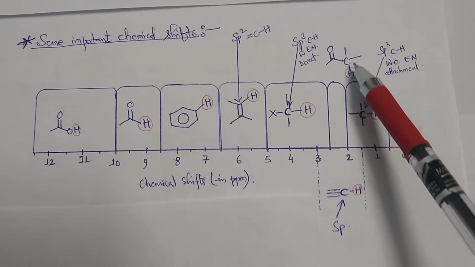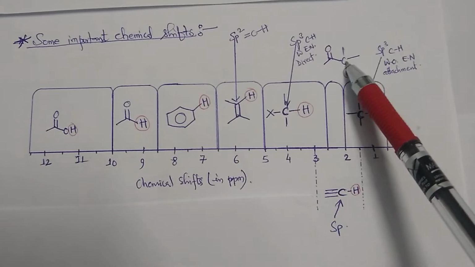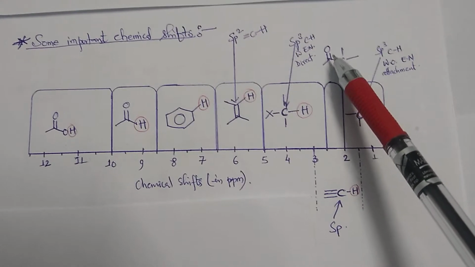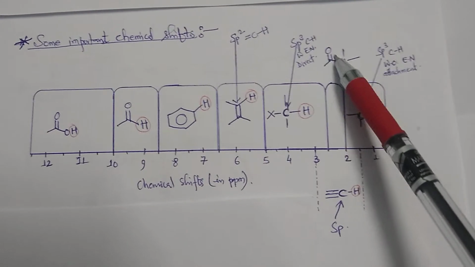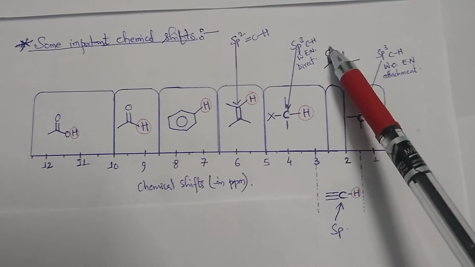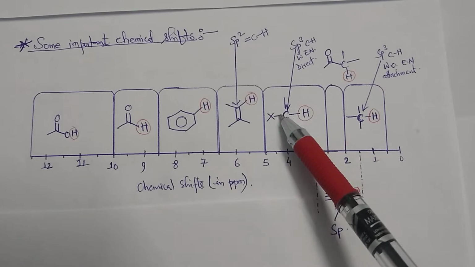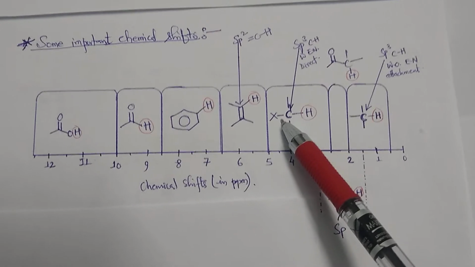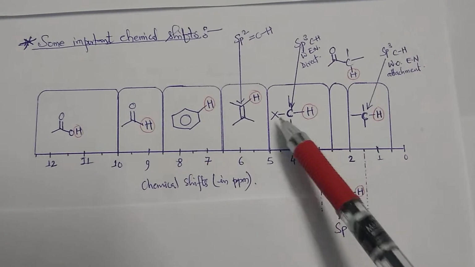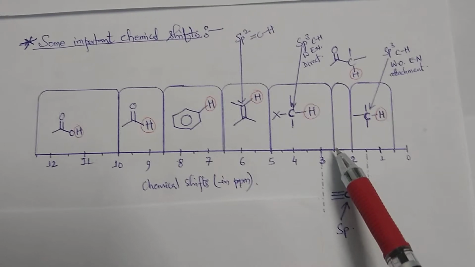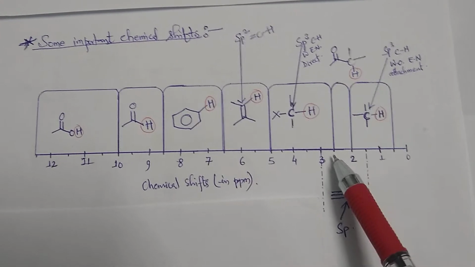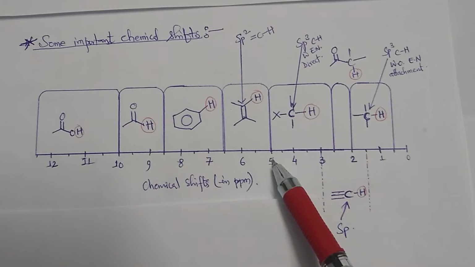Here the carbon is neighboring to the carbon bearing the oxygen, that is an electronegative atom, but here this carbon is directly attached to the electronegative atom, so its chemical shift will be greater than that of this proton, which ranges from 2.5 to 5.